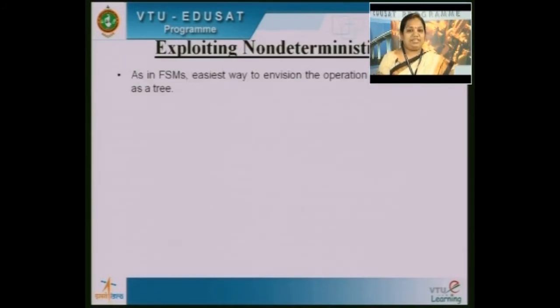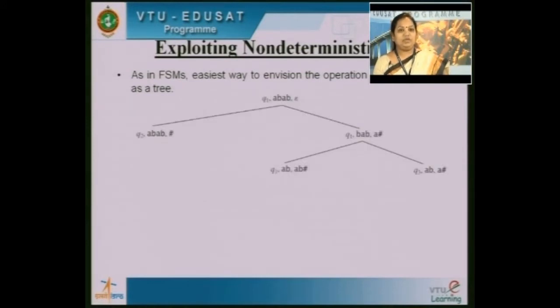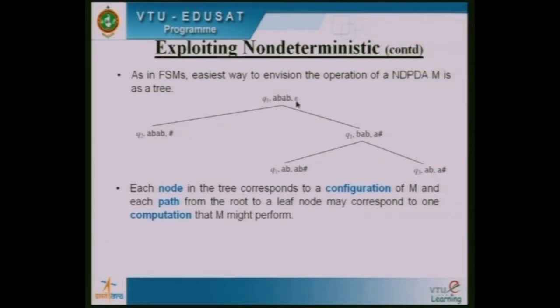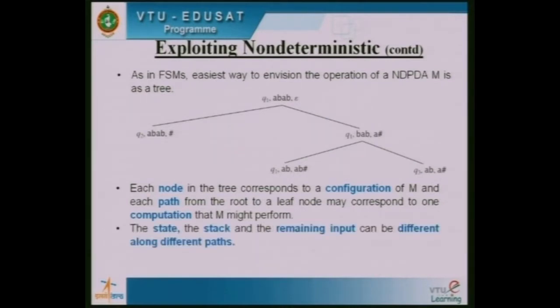As in FSMs, the easiest way to envision the operation of a non-deterministic pushdown automaton M is as a tree. This is an example of a tree wherein each node corresponds to a configuration of M, and each path from the root to a leaf node corresponds to one of the computations that M might perform.